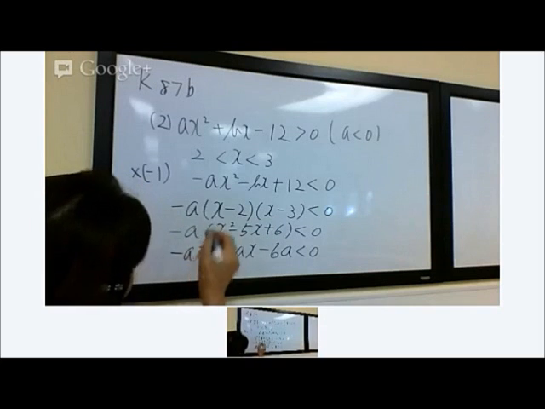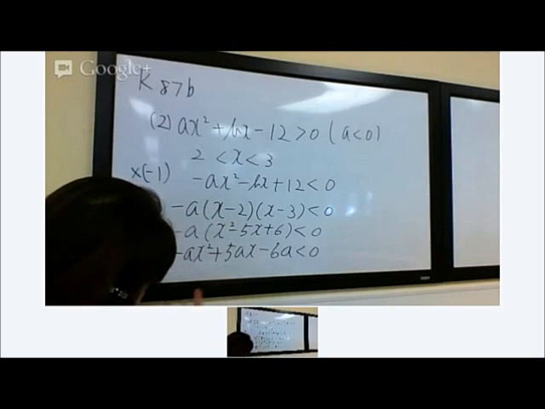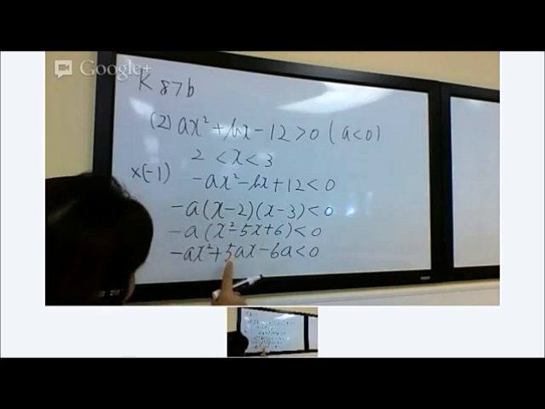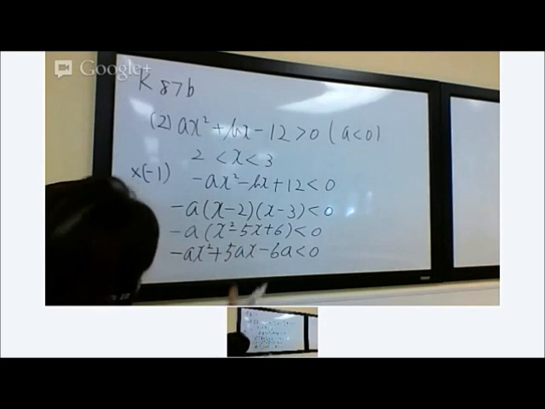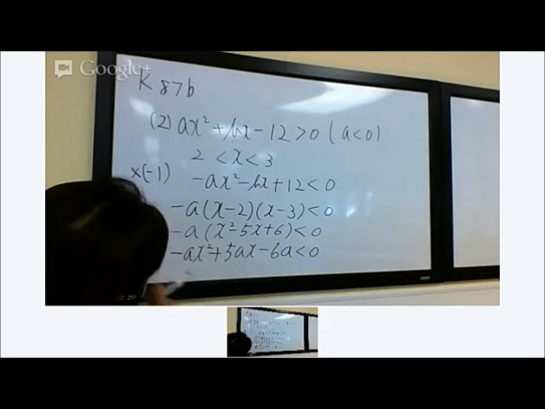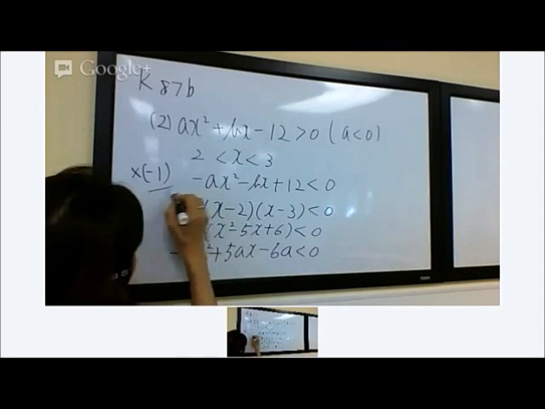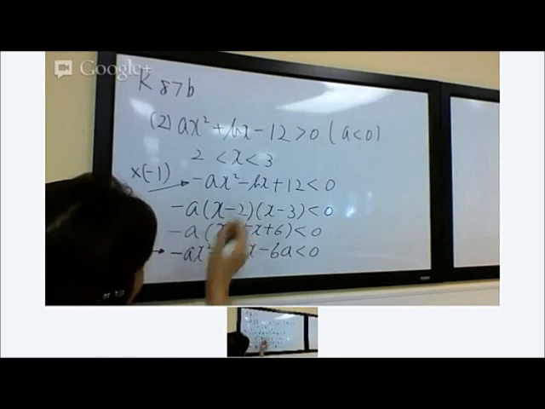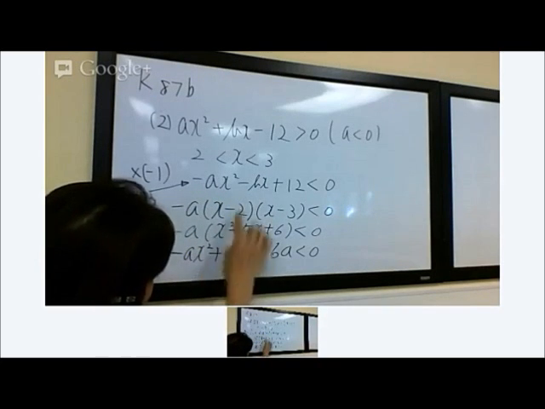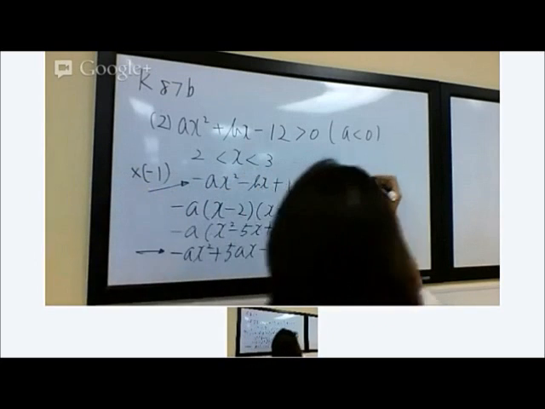Then a equal negative a, this is just right, but focus on here, b. After this, and this, negative bx equal, right? Negative b equal 5a.